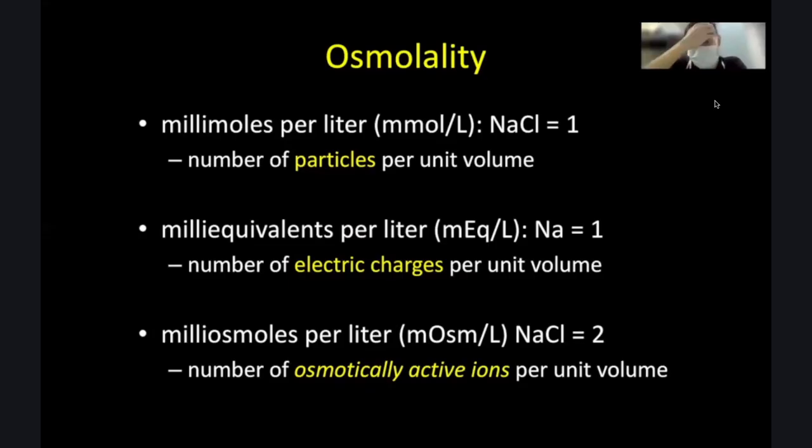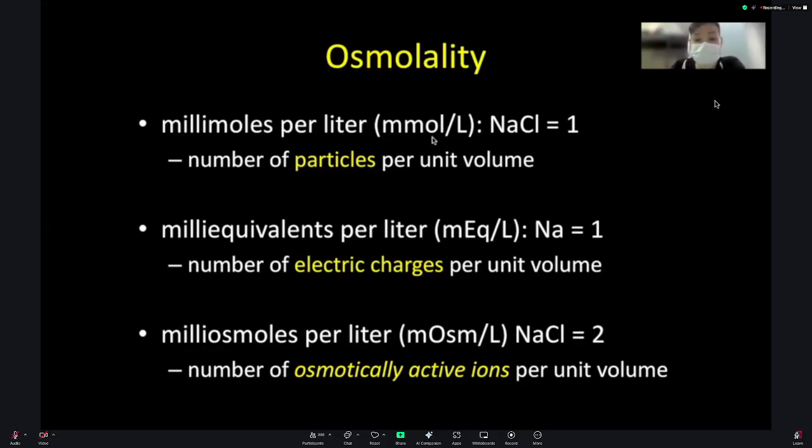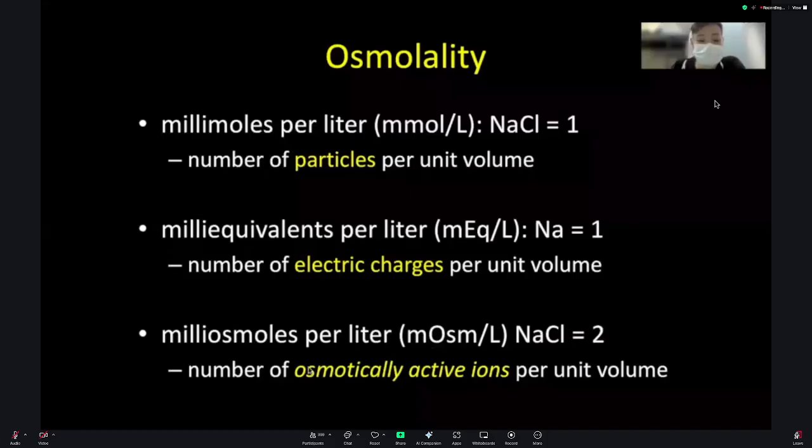Milliequivalent is the electric charge of that electrolyte. Milliosmoles, number of osmotically active ions per volume. So don't be misled by this when you read values: millimoles, milliequivalents, and milliosmoles.